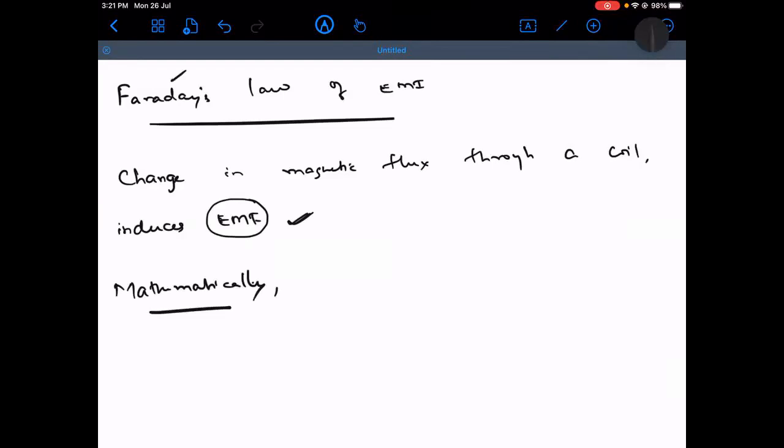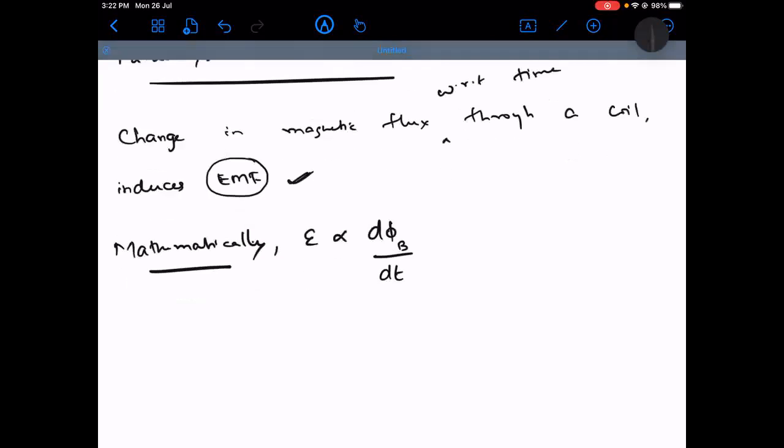The EMF is directly proportional to the rate of change of magnetic flux with respect to time. So change in magnetic flux with respect to time through a coil induces EMF. Mathematically, E is directly proportional to d phi by dt.